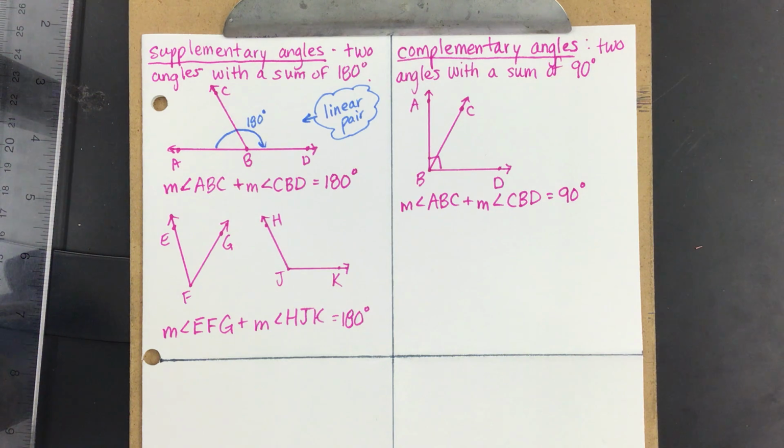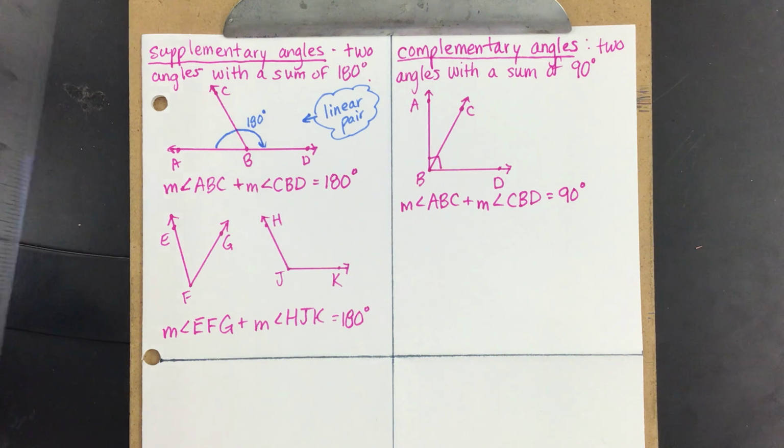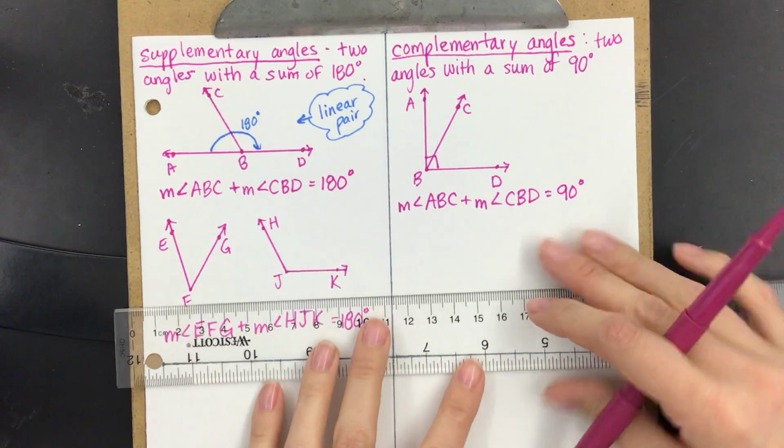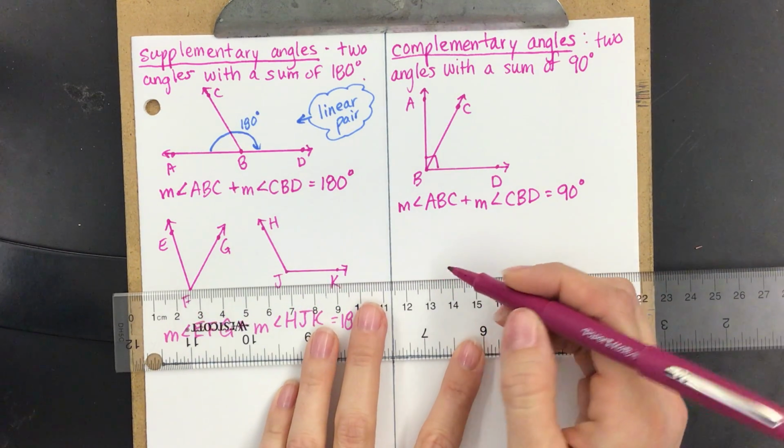And just like supplementary, they don't have to be touching to be considered complementary angles. As long as they add up to 90, they're complementary. So sometimes you'll have angles that don't touch each other like this.